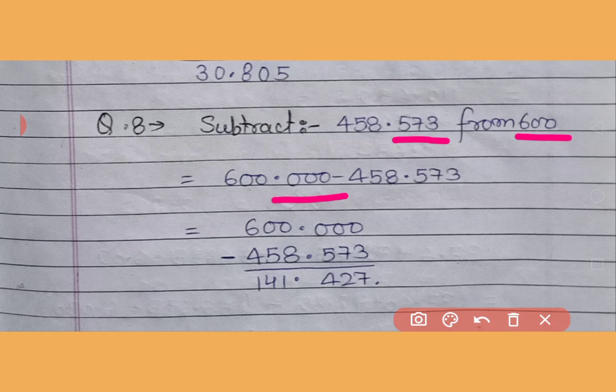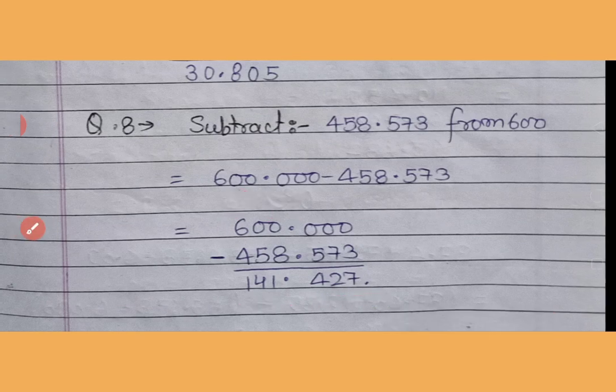As you know, 0 can't subtract 573, so this 6 will give 1 carry and it became here 1000. Now 1000 subtract 573 and we get the answer 427, and here remains only 599. 599 subtract 458, so it remains 141. Its answer will be 141.427.